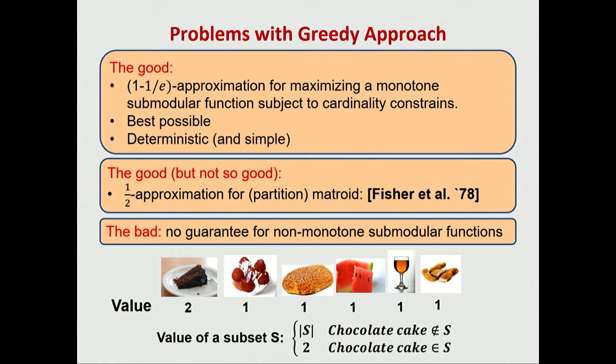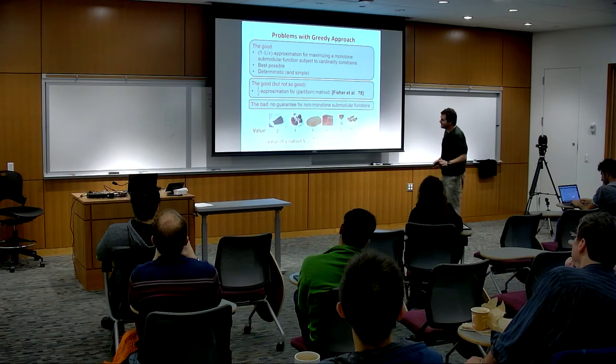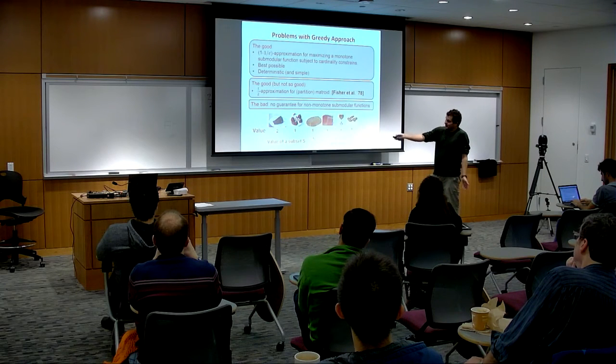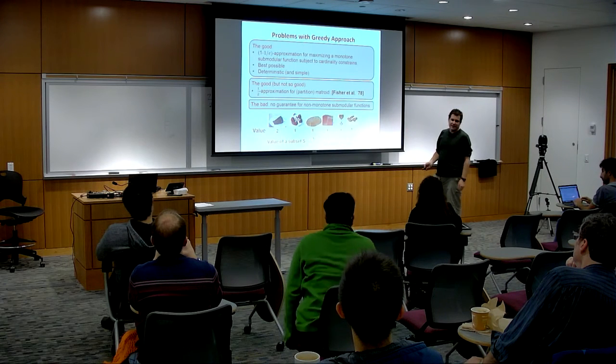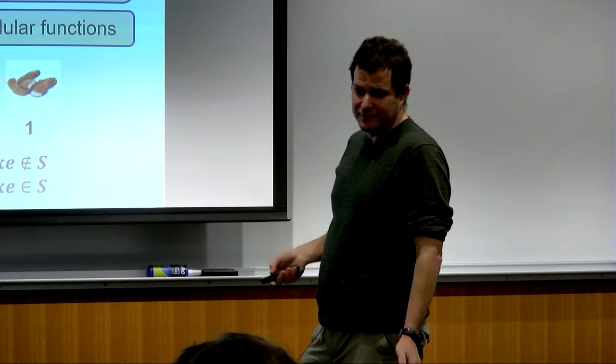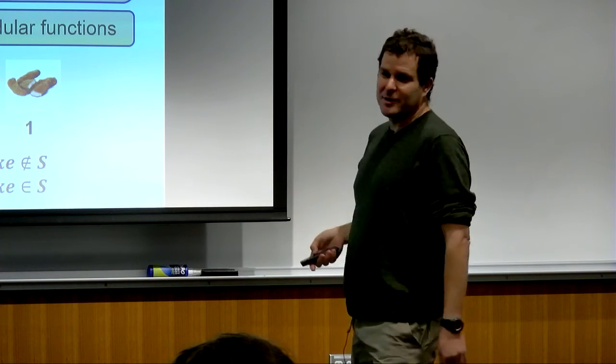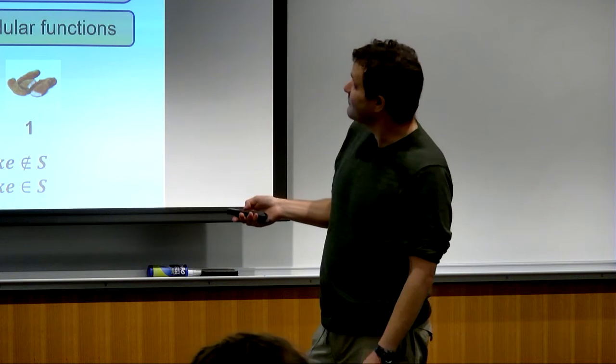But if you add the chocolate cake to any subset, it will automatically reduce the value to the value of the chocolate cake, which is 2. So chocolate cake can really hurt you if you add it. And then what you see is that if you should choose 10 elements, you are able to choose 10 elements other than the chocolate cake and get 10. Chocolate cake will give you only 2. So this will not have any guarantee. Okay? So we will try to fix this problem later.